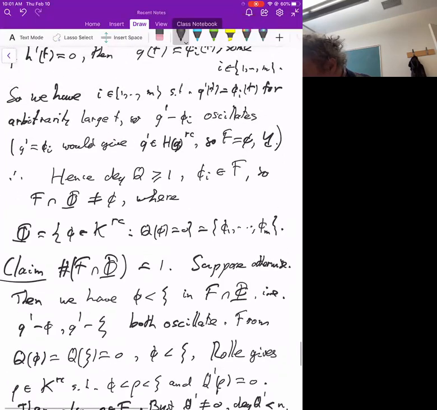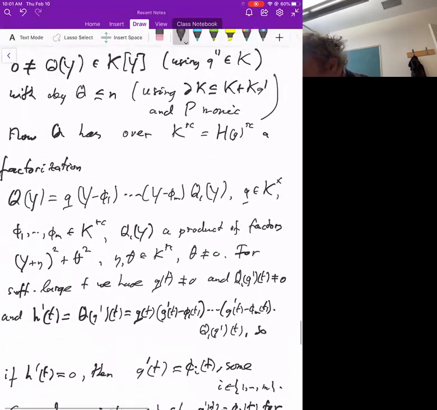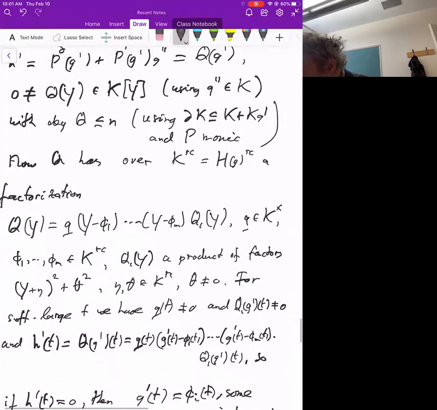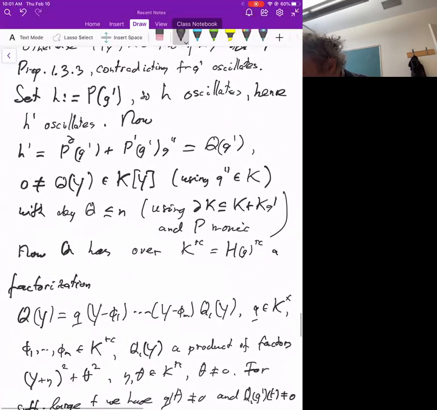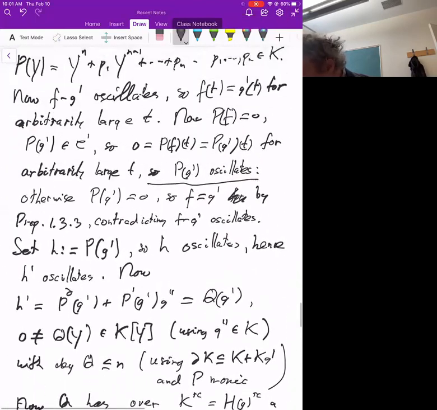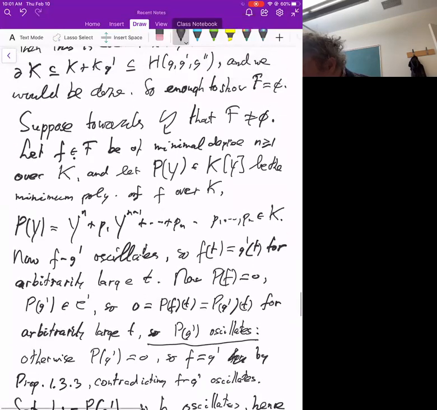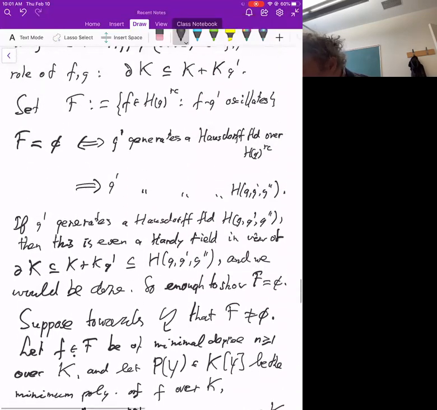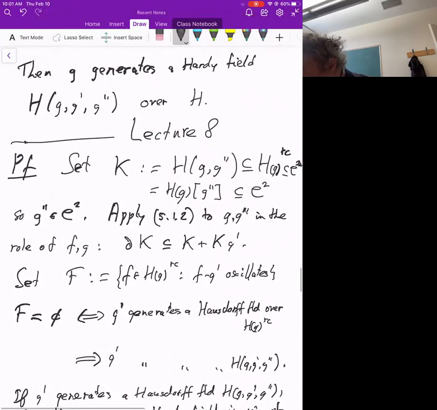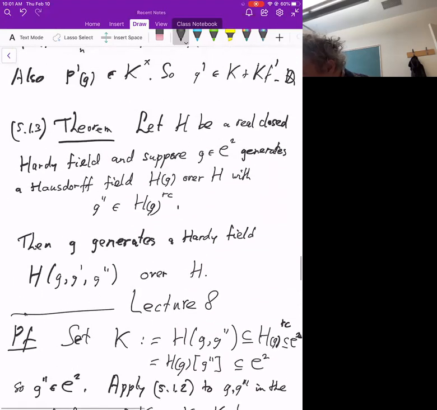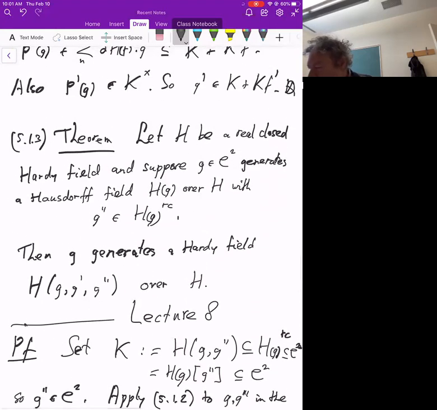Again, this raises the question. No, let me just make one remark. It would be interesting to also have a generalization of this theorem to the R tilde Hardy field setting.